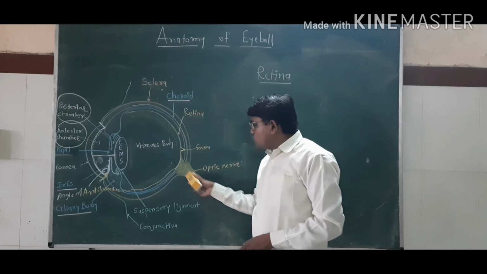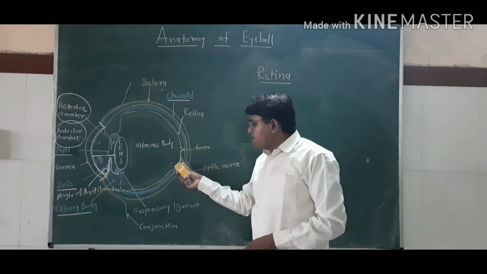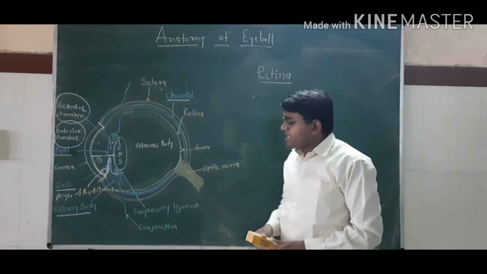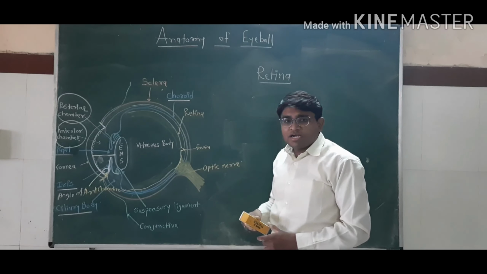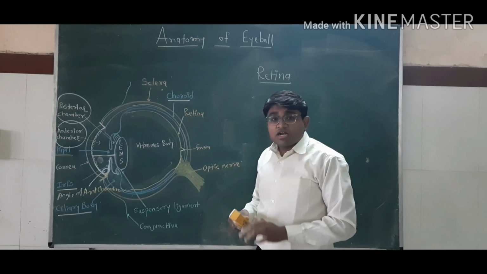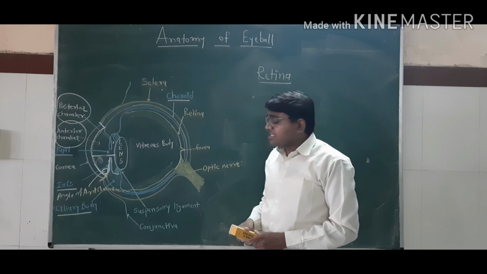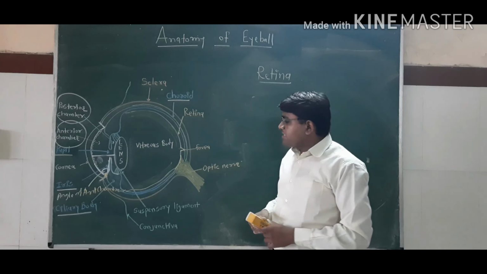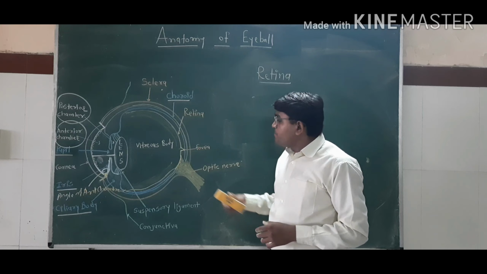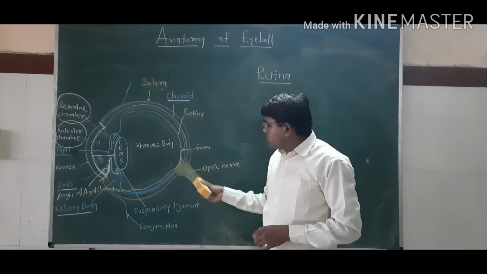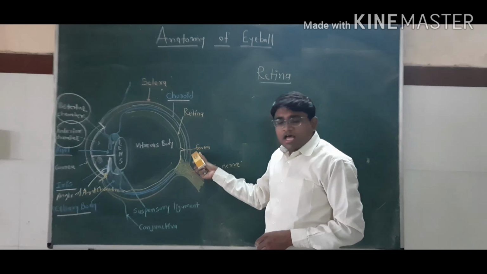Then at the entrance of the optic nerve, there is a depressed area known as the optic disc. The optic disc has a 1.5 mm diameter. The rods and cones are not present in this optic disc, and that's why it is a physiological blind spot or physiological blind area.